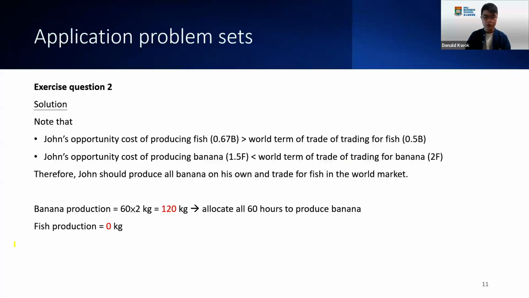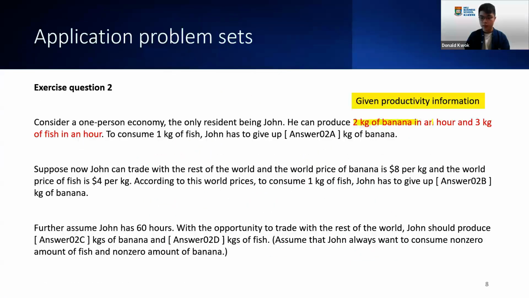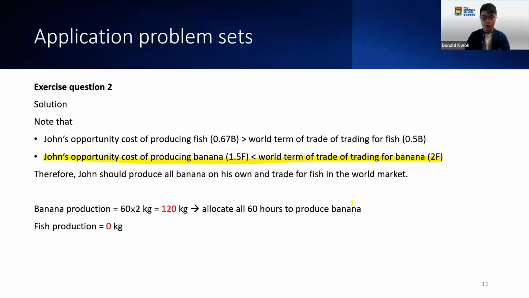And this is why John should use all his time to produce banana and buy fish in the world market if you like to consume fish. Right? So he has 60 hours and he can produce 2 kg of banana in an hour. So in total, he will be able to produce 60 multiplied by 2, which is 120 kg of bananas.